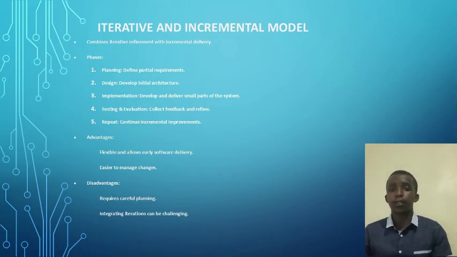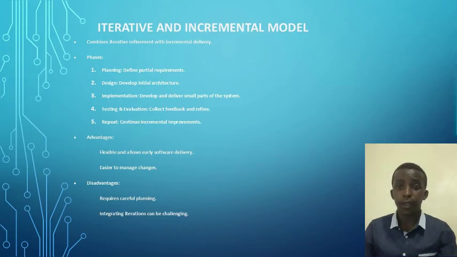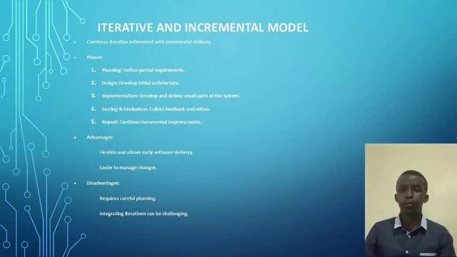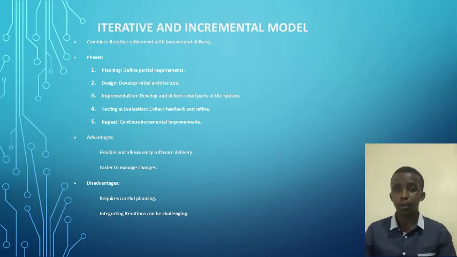Advantages of this model: it is more flexible than the waterfall model, it is easier to manage changes and improvements, and the delivery of the software may be at an early stage, allowing user feedback. Disadvantages: it requires careful planning and management, integration between iterations can be challenging, and it is not suitable for small projects with well-defined requirements.